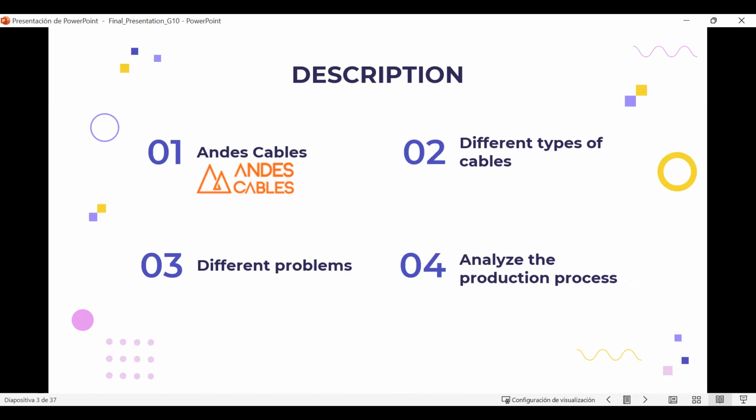It is dedicated to the manufacture of different types of cables, which means that its production is divided into different lines in certain stages. The main ones are the production area and warehouse, where there are problems in the distribution of space and the proper locations of machines, which in many cases hinders mobility within the area.